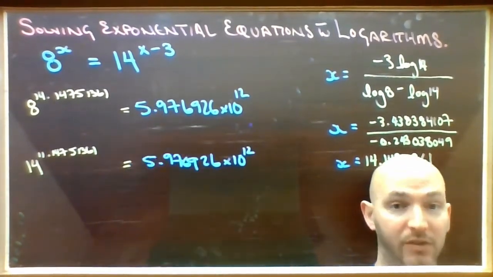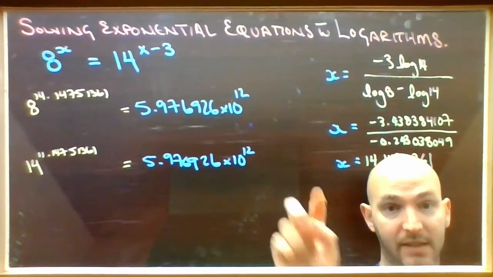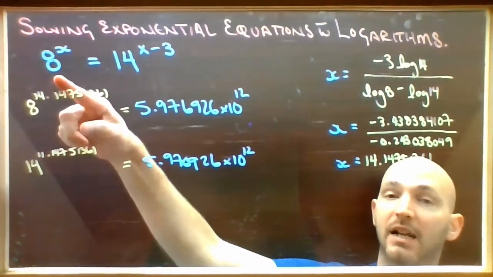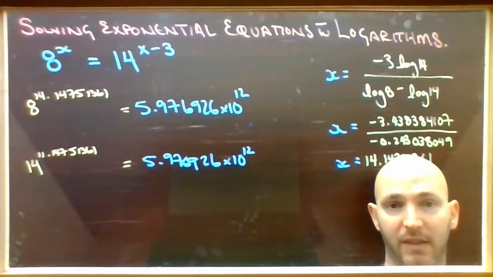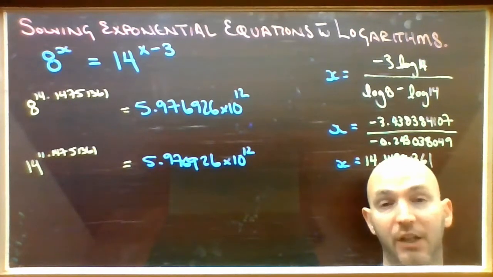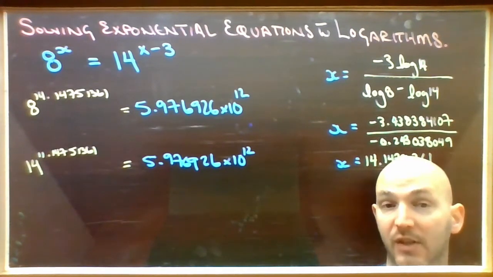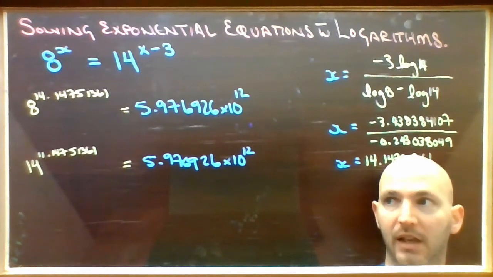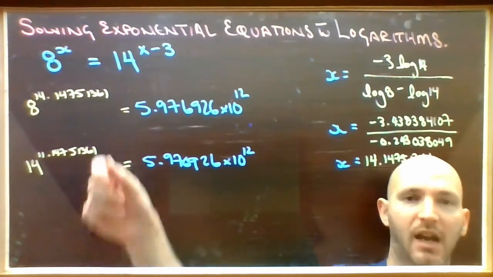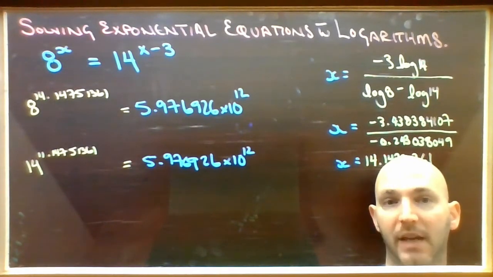Notice that they match. So I was able to directly calculate this horrendous decimal that would make this side of the equation equal that side of the equation. And until you had this change of base skill, you weren't able to do that. So now that it's part of your toolkit, you can solve any exponential equation, whether it has x's on one side or both sides, just using log base 10 and your basic algebra skills.